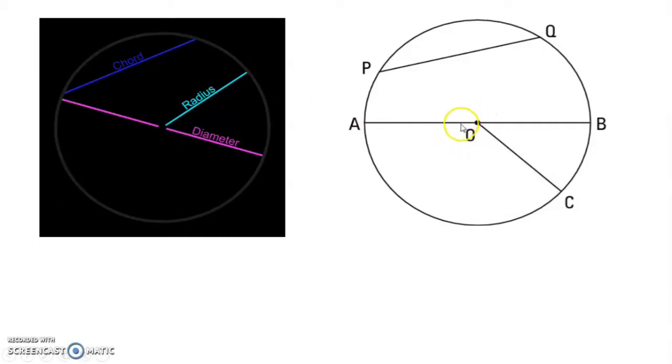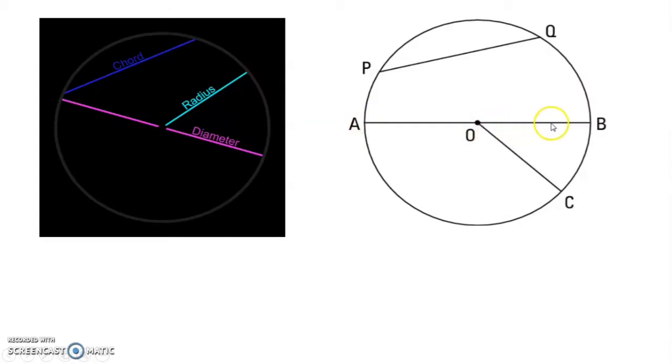Now we can see O is the center of the circle, and the radius definition was the line joining the center of the circle to any point on the circle. So it should pass from the center to any point. That means AO is the first radius because it is joining the center to a point on the circle.